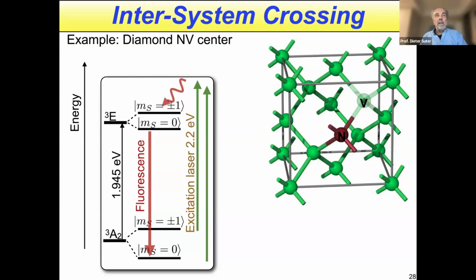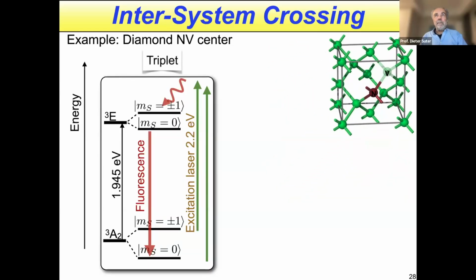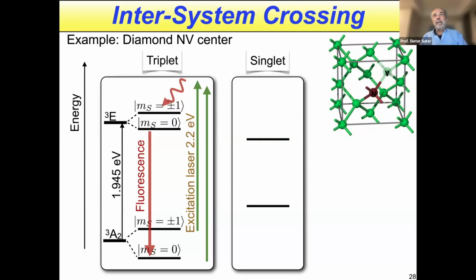Both the excitation and the decay conserve the spin to a first approximation. So if you start in the ms equals 0 state, you end up in the ms equals 0 state. Except when this is not the case. Then the system crosses over from these triplet states into the singlet manifold. And this is called intersystem crossing.